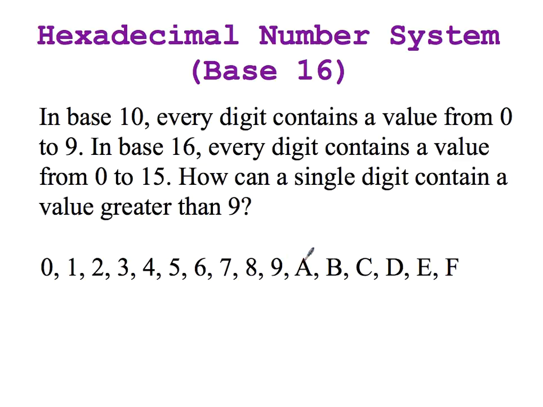But when we get to 10, we don't want to move to the next place value because we're in base 16. So we represent 10 with the letter A. When you see that in hex, that's not really an A, it's a 10. 11 is B, 12 is C, and so on. We go all the way up to 15, because when we get to 16, we move to the new place value. So you might see some strange looking numbers that have letters in them, but they're actually numbers.